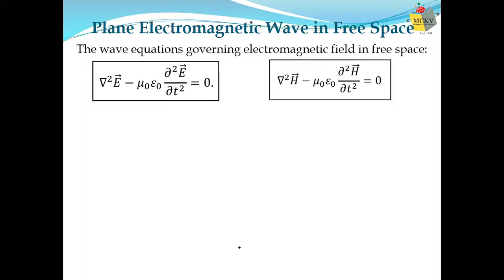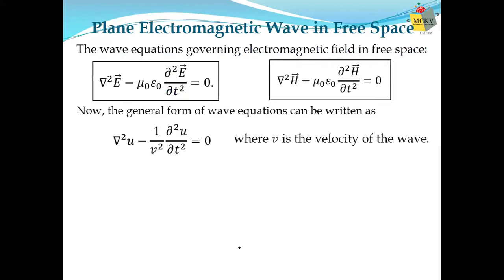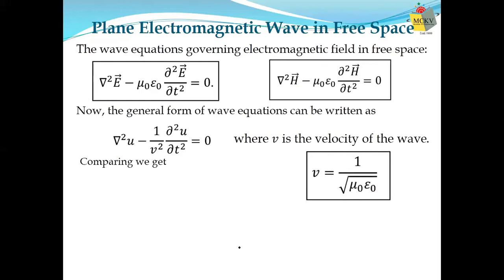And these two are similar to the general form of the wave equation, where V represents the velocity of the wave. So comparing, we can write V is 1 by root over mu naught epsilon naught. Now, mu naught is a constant associated with the magnetic field; in magnetostatics, we have this mu naught. Epsilon naught is a constant we observed in electrostatics.